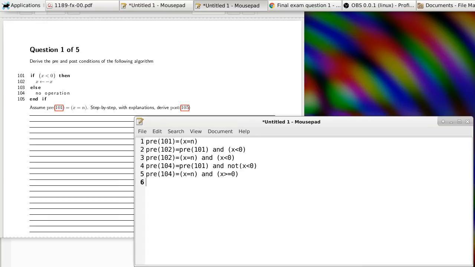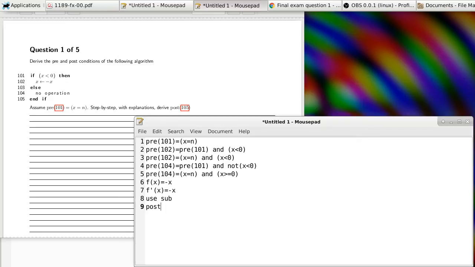So now we can try to figure out what line 102 is going to do. So we look at line 102, and then we say f of x is the arithmetic negation of x. So the inverse of that, which is f prime, is also just itself. So the negation of x is its own inverse. So we have to use the substitution rule.